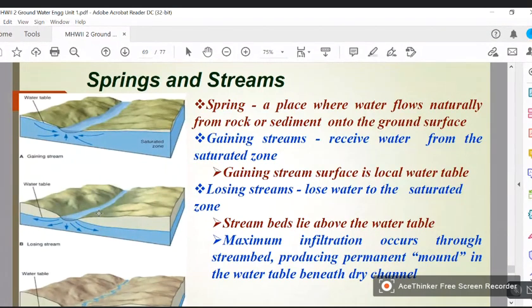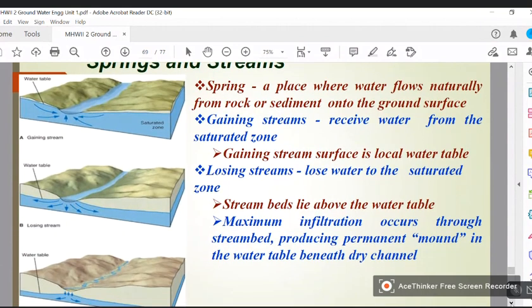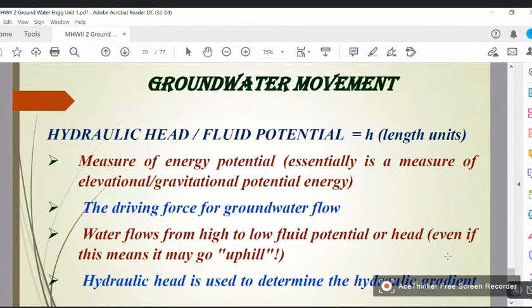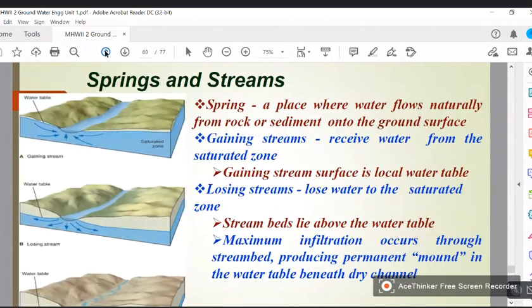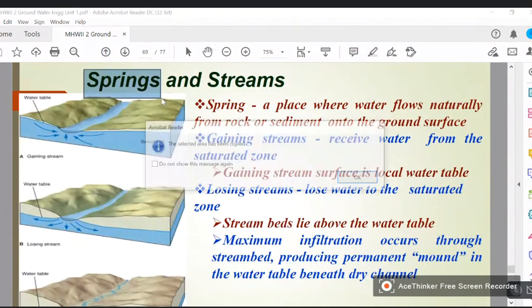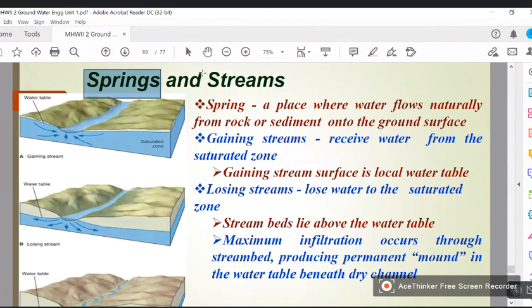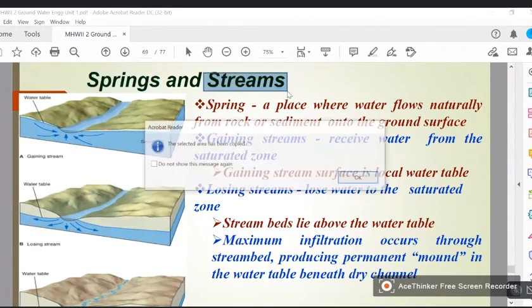That stream loses water from its source to the groundwater. So that is the basic difference between a spring and a stream. Okay.